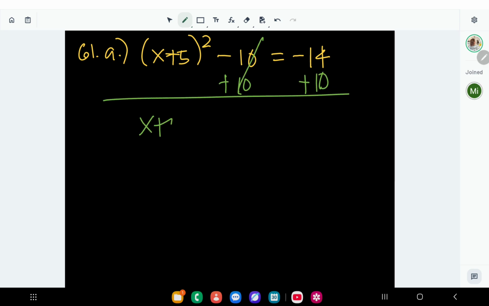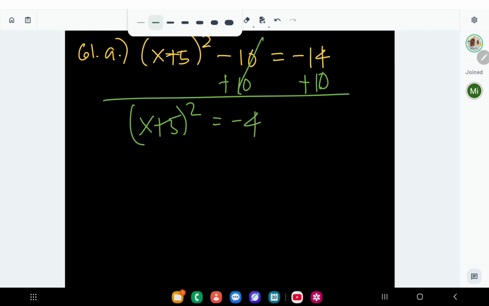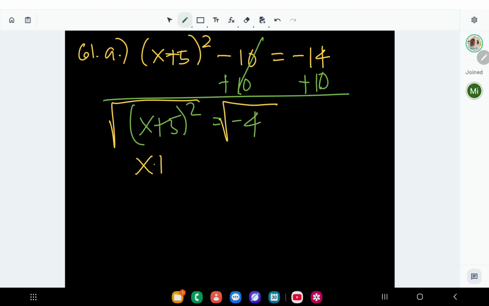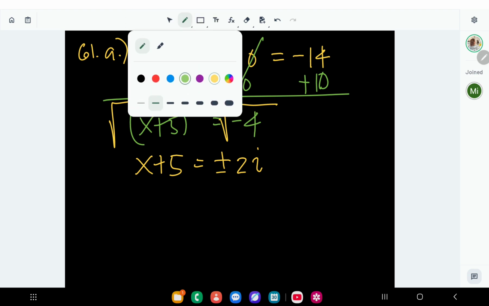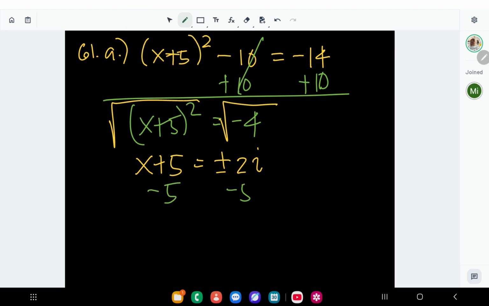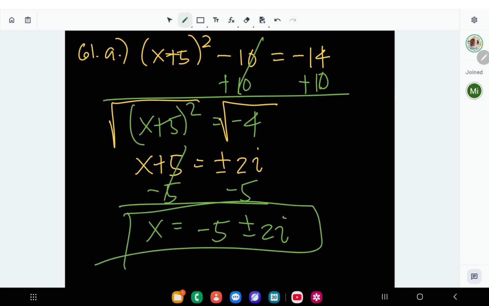So this is x plus 5 squared equals negative 4, right? And we get the square root of both sides. So this is x plus 5 equals plus minus 2i. Then we subtract 5 from both sides. So x is equal to negative 5 plus minus 2i. Alright, no questions on this?